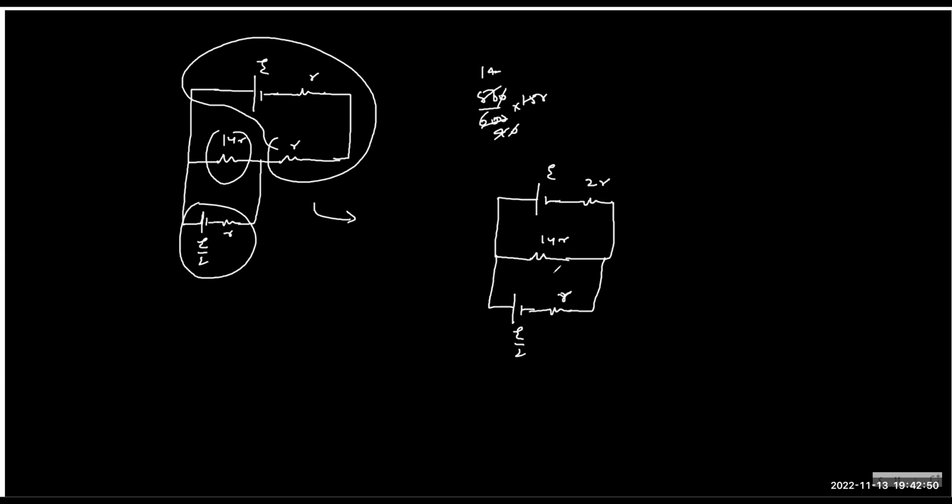So basically we have three cells in parallel. So I can find the VAB, the potential across the entire thing, by Millman's theorem directly.